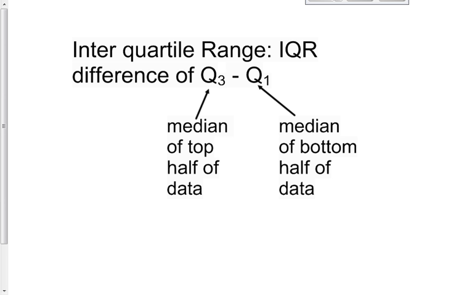But for right now, the Q3 value is the median of the top half of your data, and Q1 represents the median of the bottom half of your data. So again, your numbers have to be in order from small to big. You pick the middle, and then once you pick the middle, you've got two halves of data, top half and a bottom half. If you divide the bottom half in half, that would be called Q1, and if you divide the top half in half, that would be called Q3.